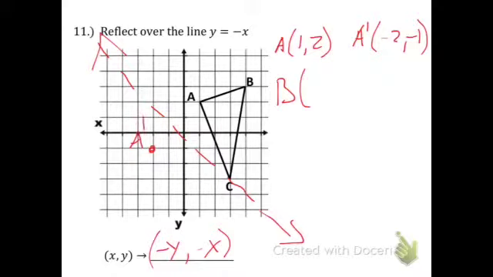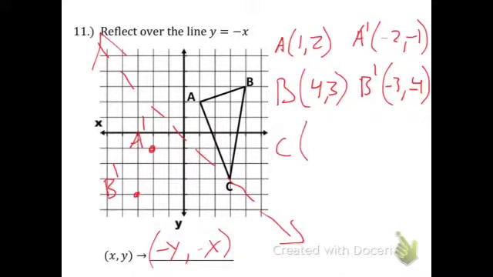B is currently at 4, 3. If you switch the order, you'll get 3, 4. We also need to switch their signs according to our little function here. So B prime is going to be at -3, -4. There's our B prime. And C is currently at 3, -3.